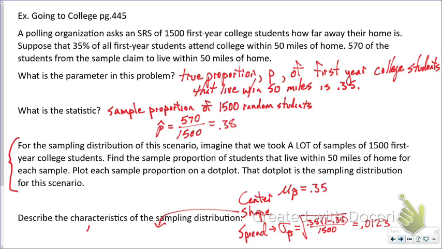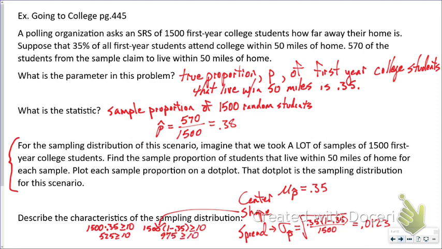So this is the large counts condition. I need to find if 1,500 times 0.35 is greater than 10, and I need to check if 1,500 times 0.65 is greater than 10. I type it into my calculator, and sure enough, I get 525 and I get 975. Both check out. But it's not enough to just do that right there.